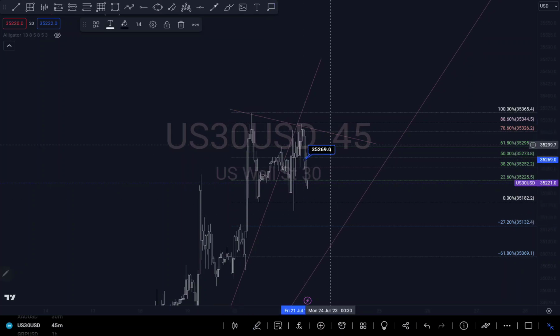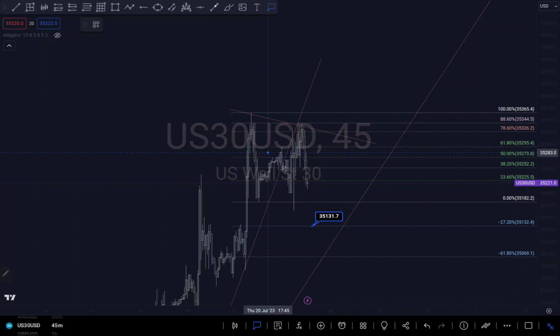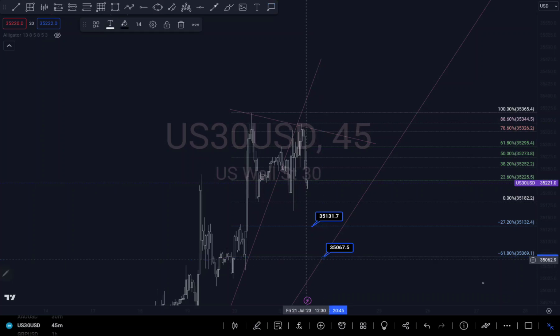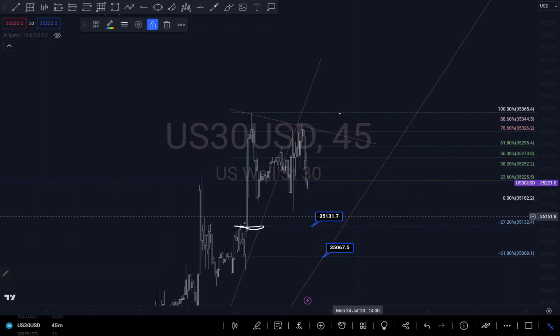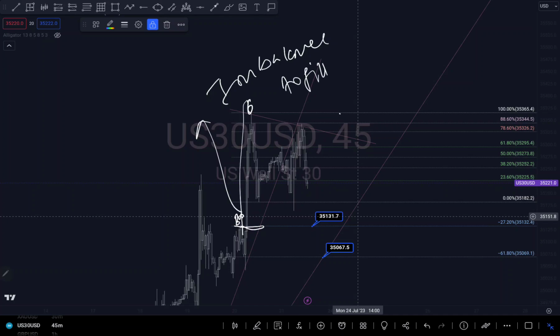My first target will be my negative 27% level, and my second target will be right around this area. My negative 27 aligns perfectly with a breakout of structure and an imbalance to be filled. This broke structure and hasn't come down to break it, so we might just come here before we zoom to the upside.